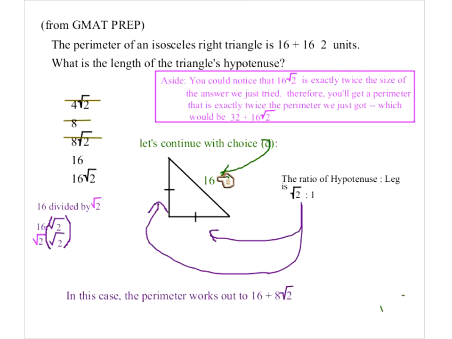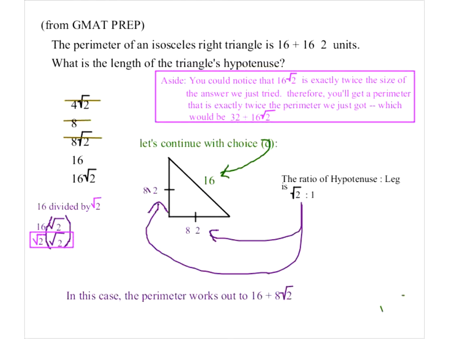We're just taking the 16 and we're dividing it by rad 2. Because here's the ratio. So this quantity in the denominator works out to 2, and so 16 divided by 2 is 8. So ultimately you wind up with 8 square roots of 2 on both of these sides.